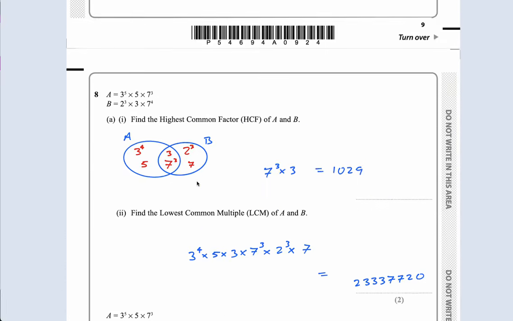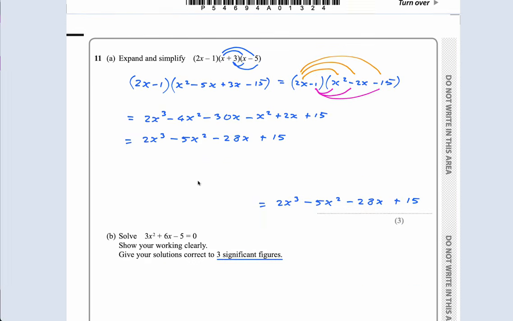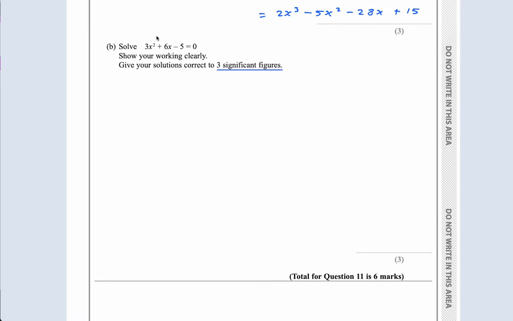Luckily for me, I remember that formula from when I was a student, and it is this. x is equal to minus b plus or minus the square root of b squared minus 4ac all over 2a. Now, over here, guys, I like to write down a equals 3, b equals 6, c equals -5.